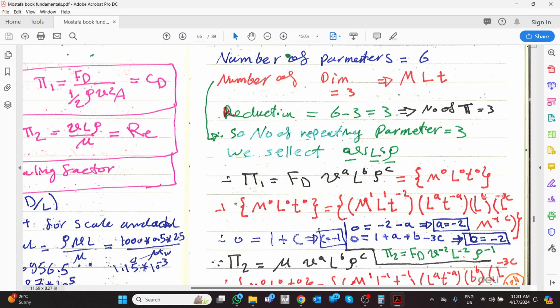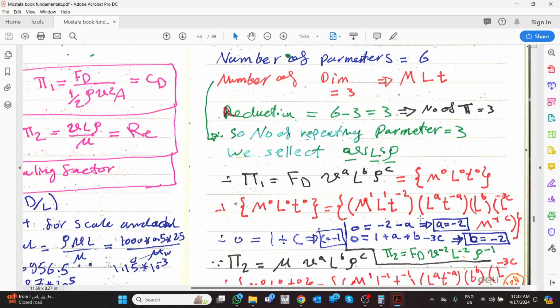Length is L to the power b. And density is kilograms per meter cube, which is M to the power c multiplied by L to the power minus 3c, because it is meter cube.